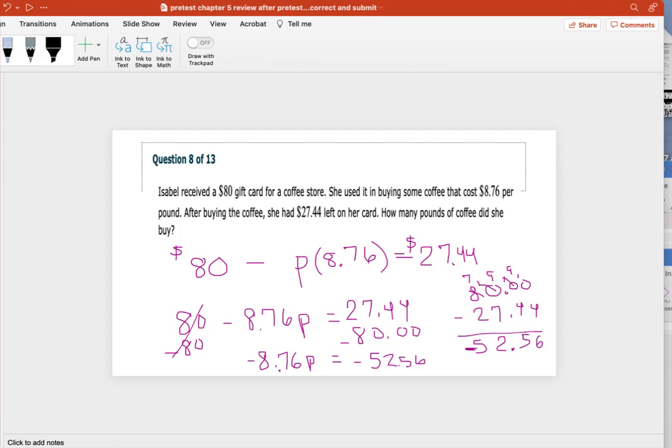Okay, so now we're going to divide this side by negative 8.76. And this is not going to stay on the slide because I ran off the slide there. Mine divided by a negative 8.76.